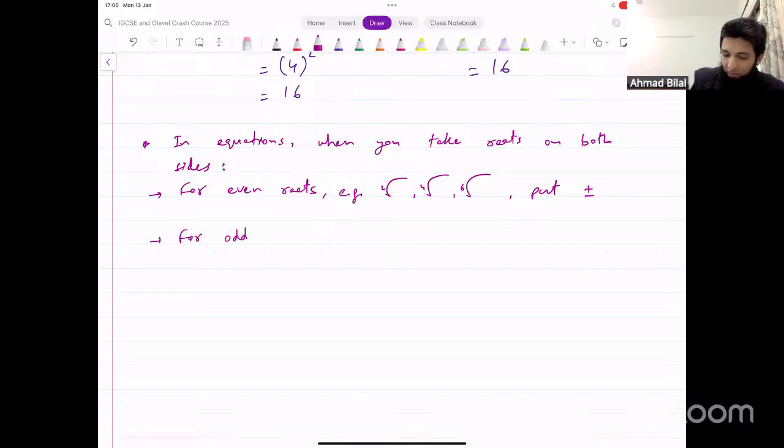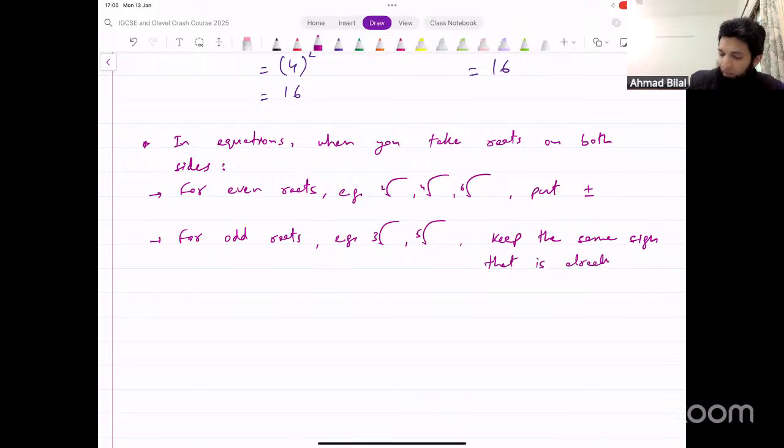For odd roots, for example, if you have cube root or fifth root, you keep the same sign that is already with the number.